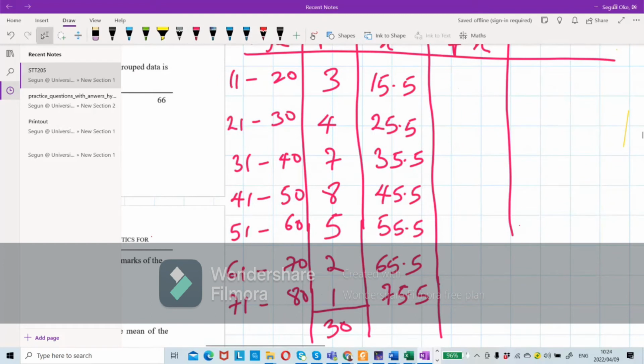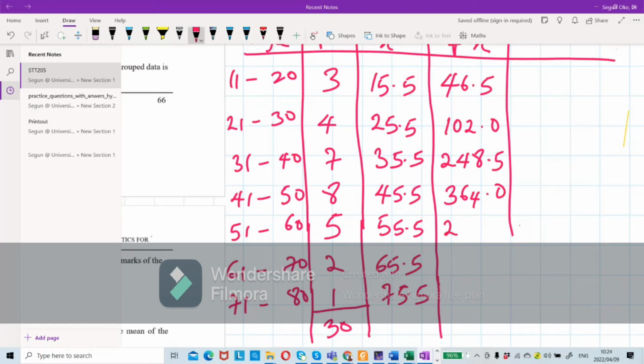We have it to be 46.5, 102.0, 248.5, 364.0, 277.5.